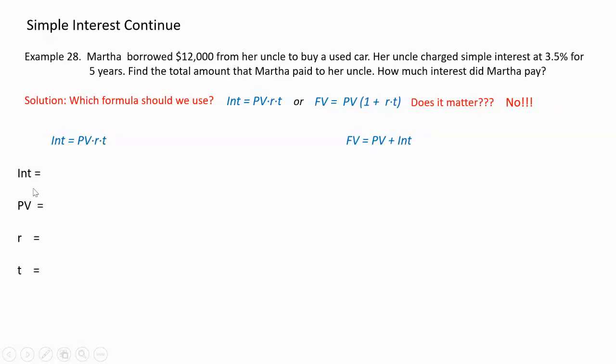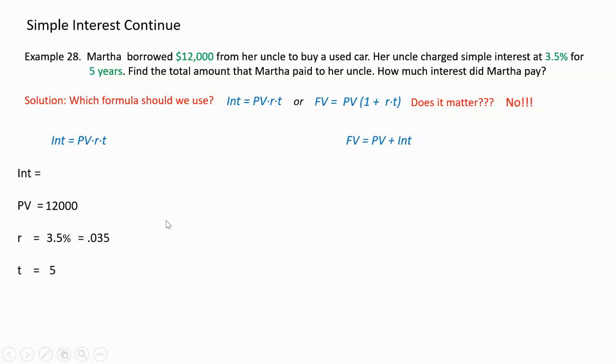Now, this is what I tell my students to put on the left side. You're going to put INT equals PV, R, and T. So they have to extract the information from the word problem. For example, this is the money that she borrowed, so that's your present value, 12,000. The interest rate is 3.5%, which would be 0.035.